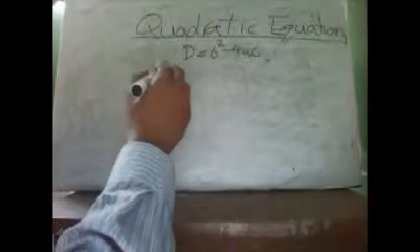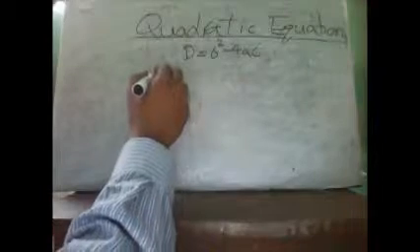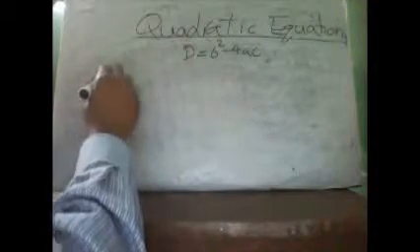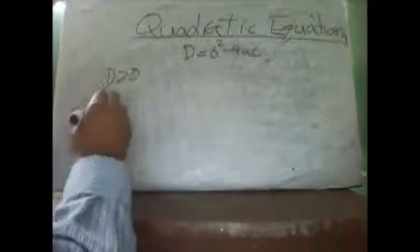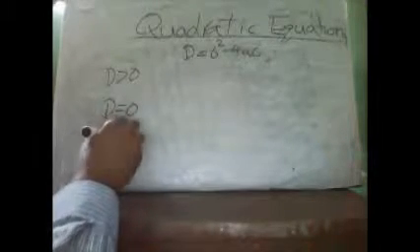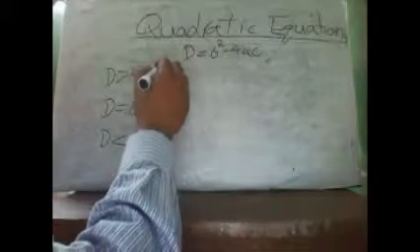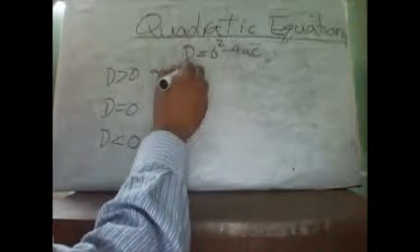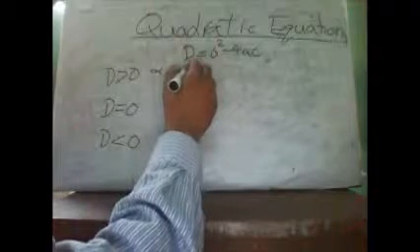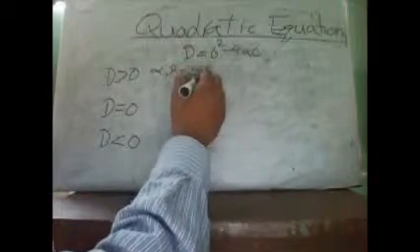Now how the value of D affects the nature of roots, that is what we are going to study now. D can have three values. Either D can be positive, or it can be equal to 0, or it can be less than 0. When D is positive, we will get alpha and beta equal to minus b plus minus root D upon 2a.